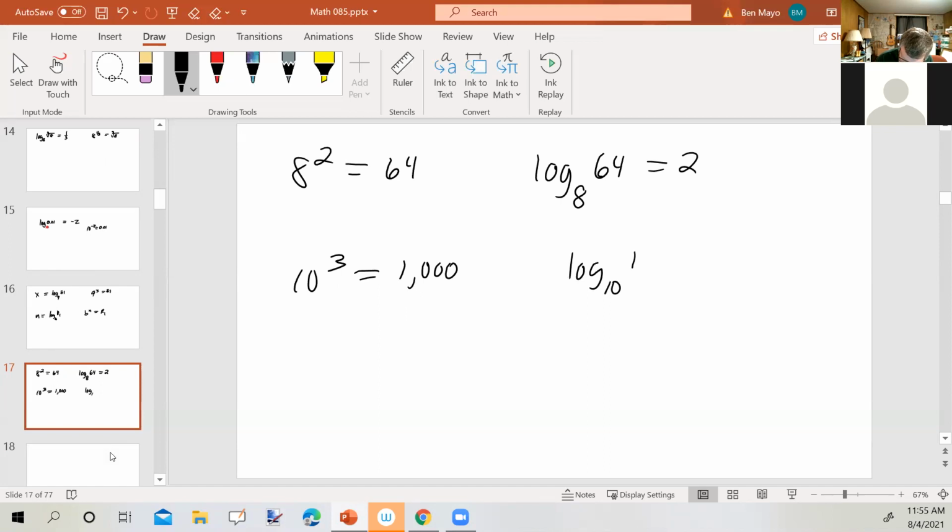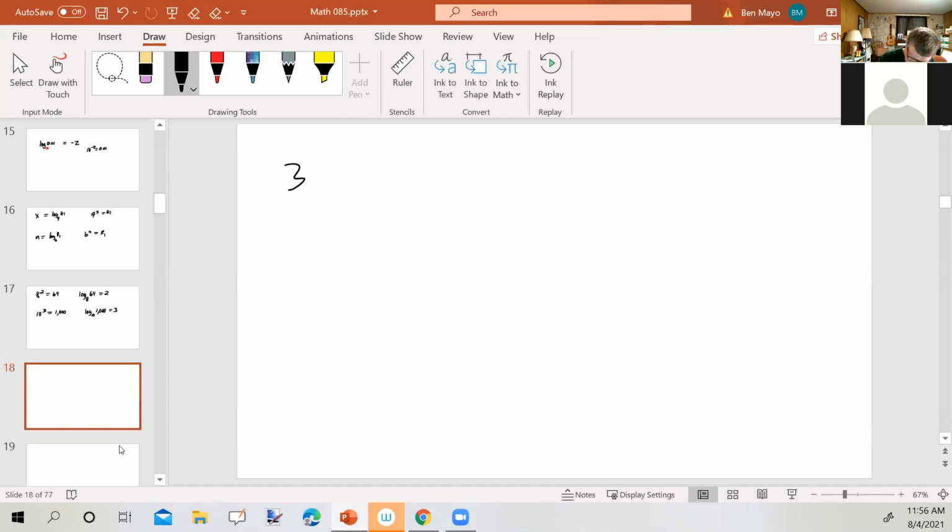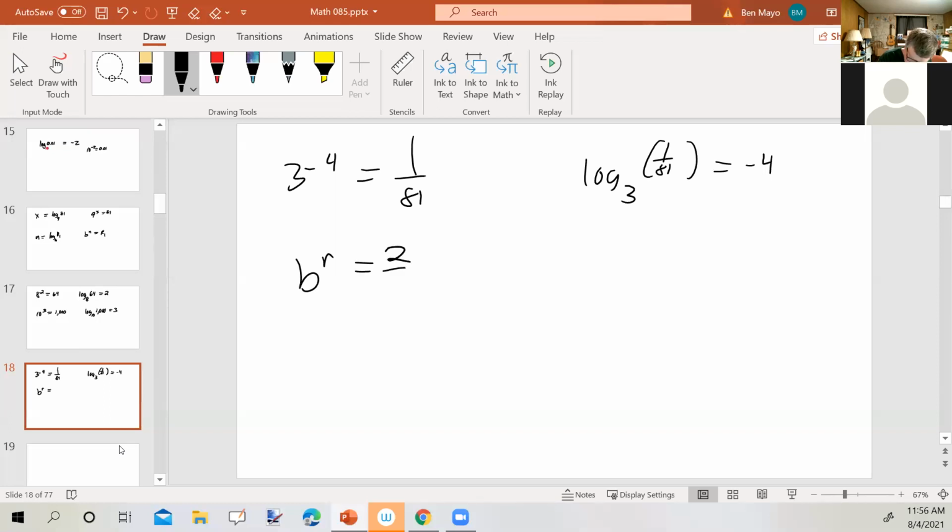Log base 10 of 1,000 equals 3. 3 to the -4 power equals 1/81. Log base 3 of 1/81 equals -4. B to the r power equals 2/3. Log base b of 2/3 equals r. Okay with that? Any questions there?